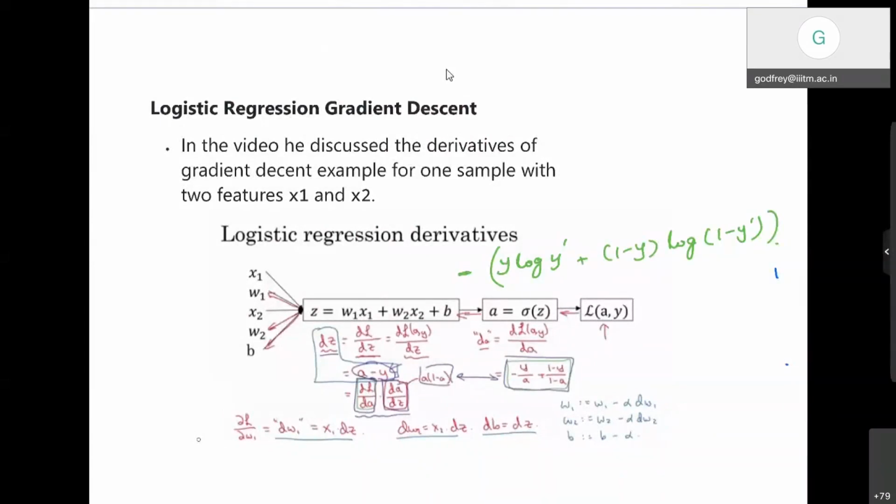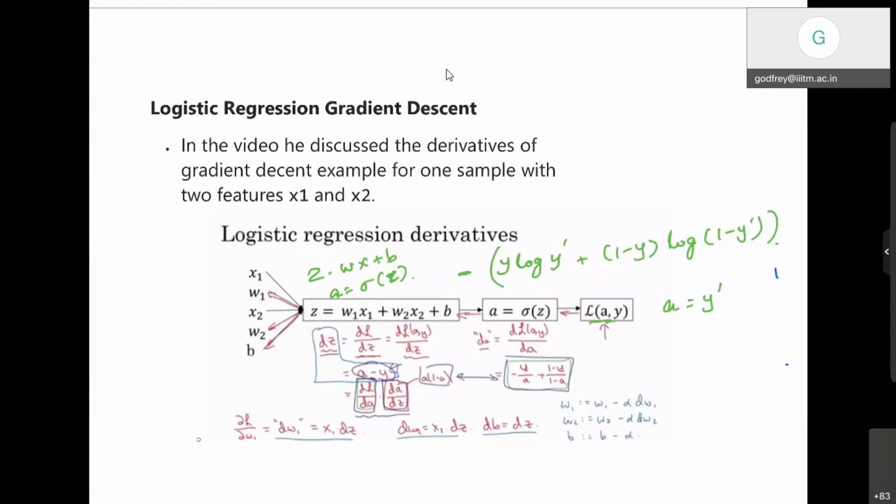Now, what is this a? A is equal to y dash, right? As I already told you, we have z, where z is wx plus b. Then we have a equal to sigma of z. Then we are computing the loss function.